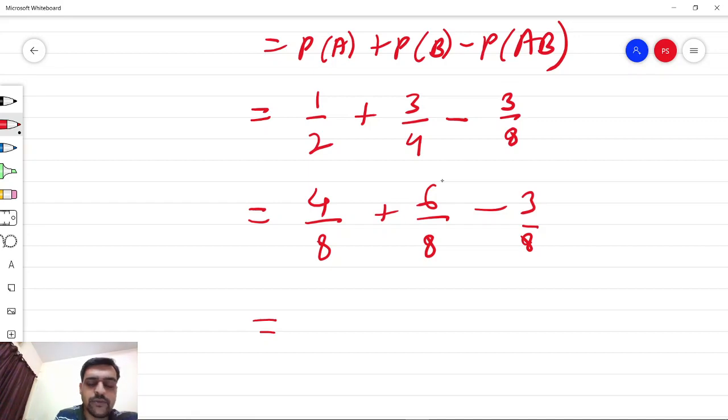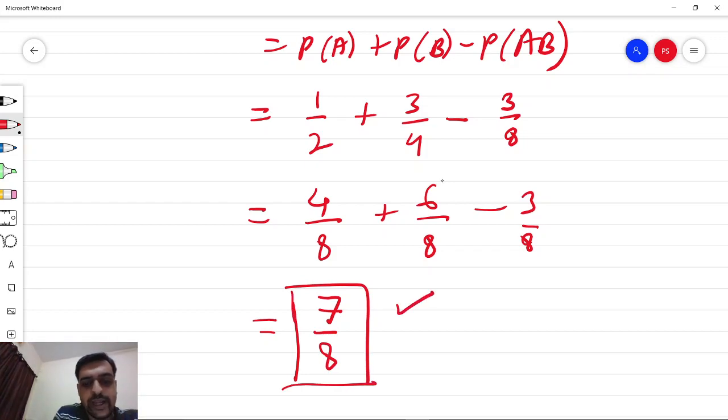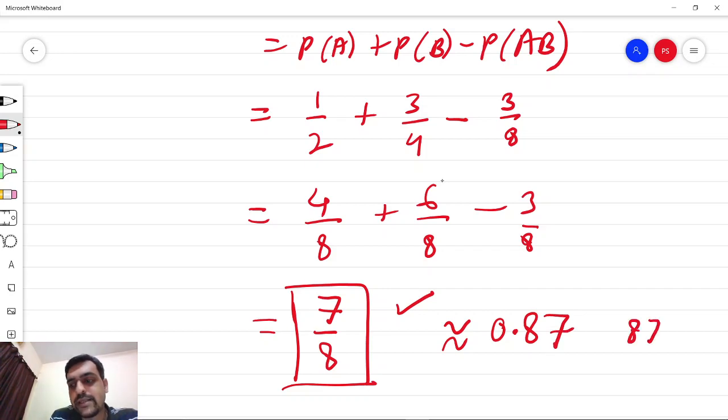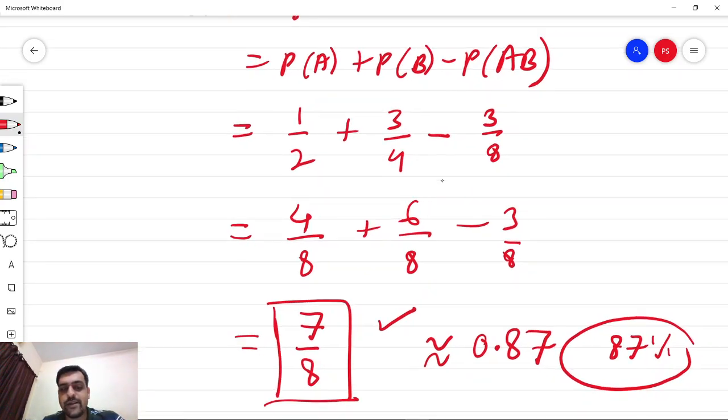So this is just equal to 7 by 8. So this is approximately 0.87, right? Or 87%.